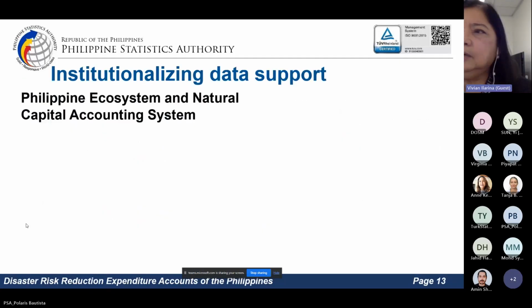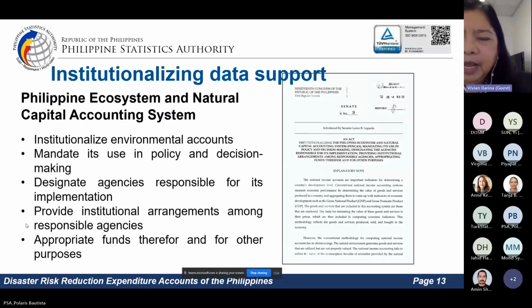Now, on the next slide, we have a long list of information, statistics that we have for the DRRE accounts. But how do we ensure that we are institutionalizing them? By institutionalization, we say that how do we ensure that all this data are produced regularly by the agencies on a regular basis, say annual, or quarterly.